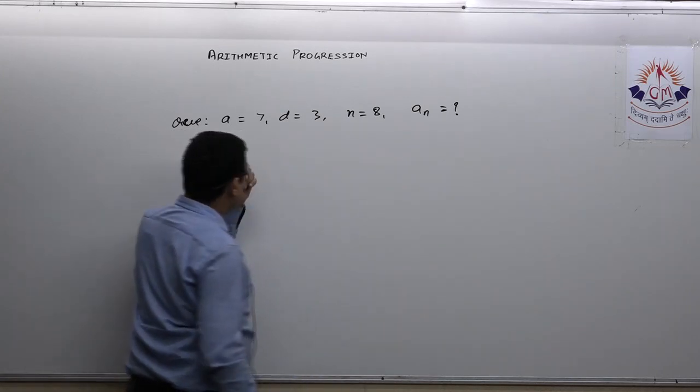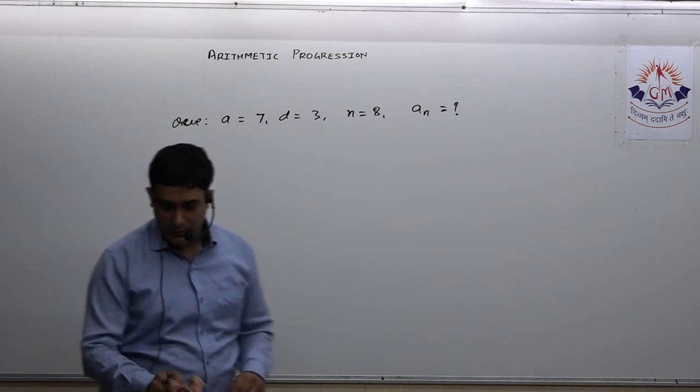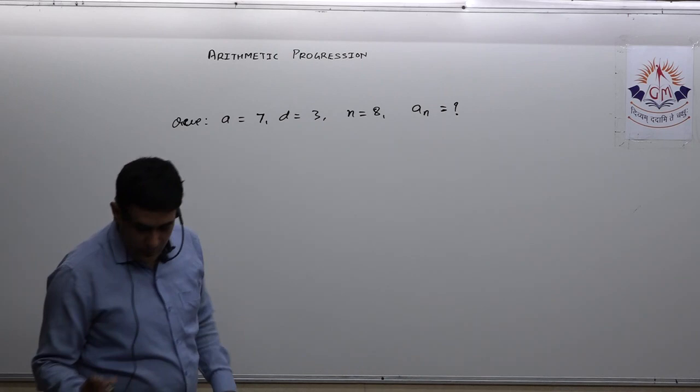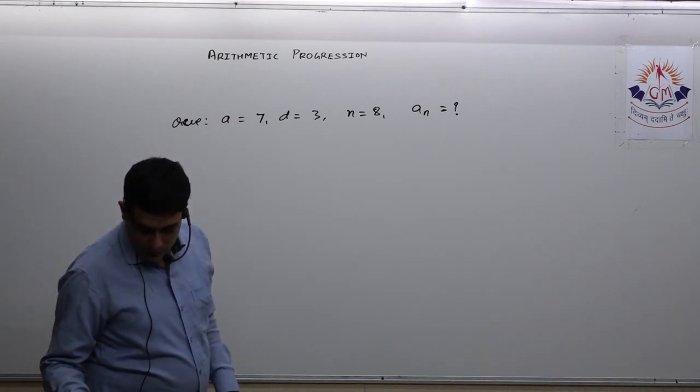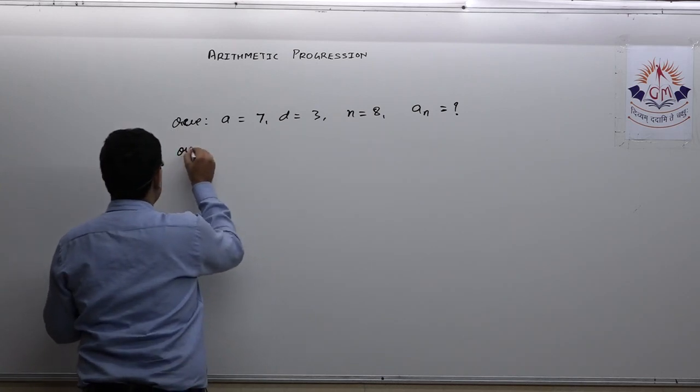Now, as I told you, among these four variables, 3 will be given to you, and the fourth will be asked. So let us see one more question on this basis. Suppose this time a is unknown. Next question.